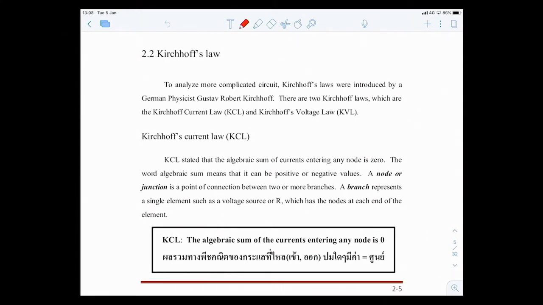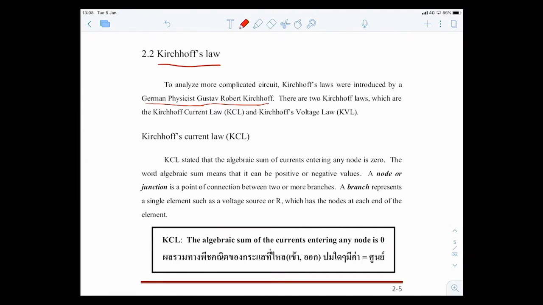This third topic will be on Kirchhoff's law. This is how we spell it, Kirchhoff's law. The laws were introduced by a German physicist, Gustav Robert Kirchhoff.